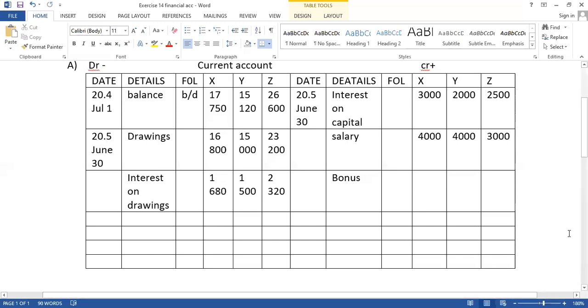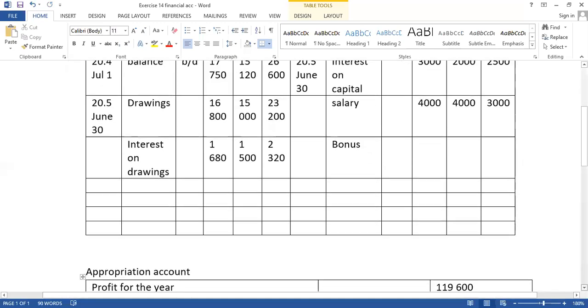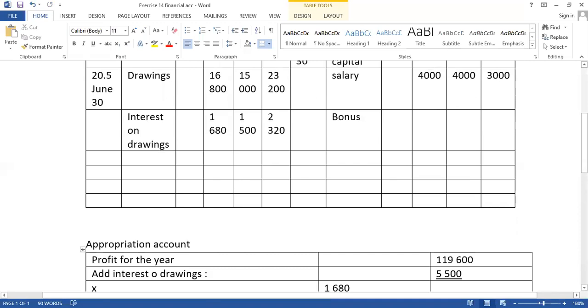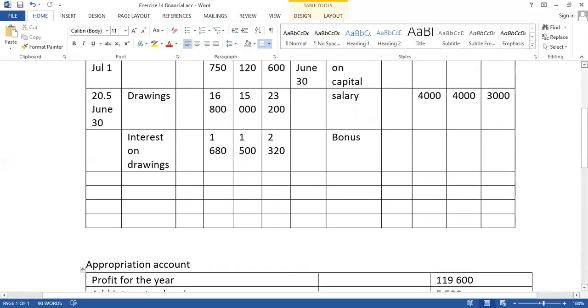Are we together? Remember, here we have two accounts. The current account has to do with the partners. The appropriation account has to do with the business.